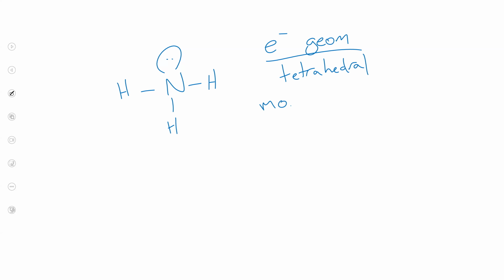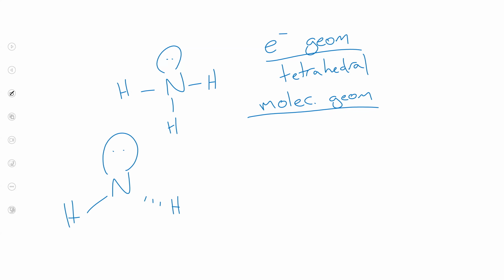The molecular geometry is not trigonal planar. If we look at what the shape is, the lone pair is in the plane of the board, and then we have a hydrogen here, and then a hydrogen down and into the board, and a hydrogen coming out towards us. It's trigonal pyramidal, or trigonal pyramid.